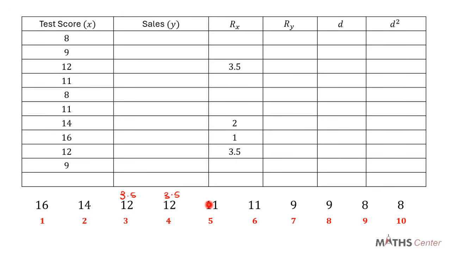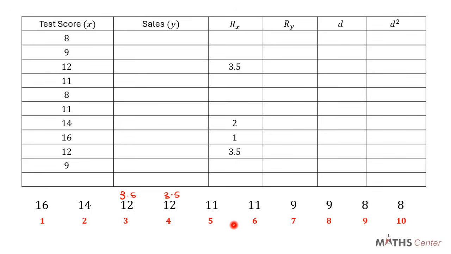Now the next score is 11. As you can see, 11 also occurs twice. The rank for this is 5 and the rank for this is 6. So you add the ranks. You add 5 to 6 and then you divide it by the number of times 11 occurs, which is 2. So 5 plus 6 will give us 11.